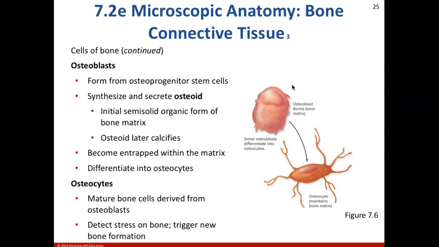As it starts building, then it's stuck there and it can't go out and enjoy its young life. So it grows old there and becomes a mature bone cell, which is an osteocyte. An osteocyte is derived from these osteoblasts, and it's going to work to maintain the bone matrix. It's going to detect where there's stress on the bone, and it can trigger new bone formation as well.